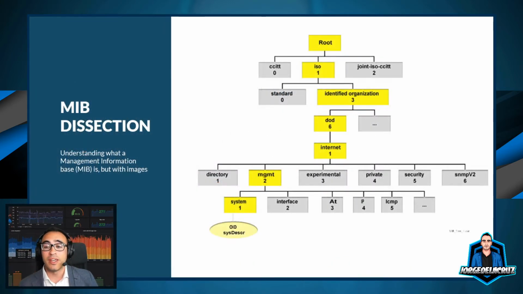The MIB is just kind of a map for what SNMP is exposing. So for example, we will always have the root, ISO, identified organization, DoD, internet, management, and blah blah blah.